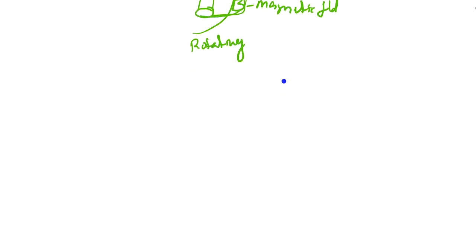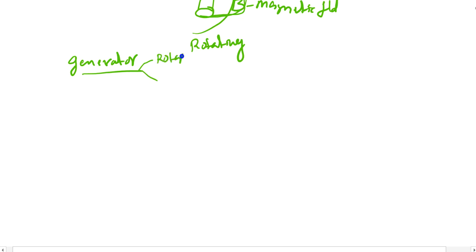As we know, in any machine, generators, motors, whatever it is, in case of generators we have two main parts. One is called the rotor, and you have the stator part also. Maybe on the stator part you have the magnetic field type construction.